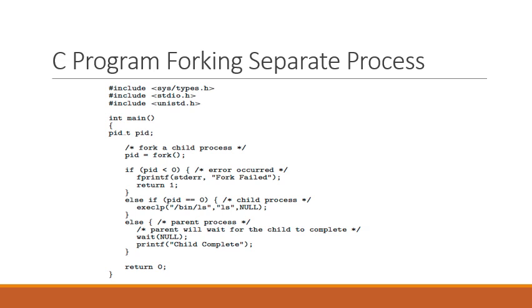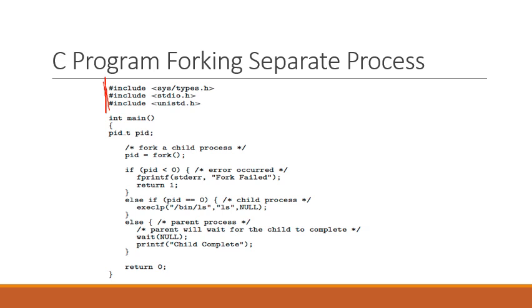This program shows how we can use a fork system call in the Unix or Linux operating system. So in the main, after including these files, the sys/types.h header file, the stdio.h file, and the unistd.h file, after including these three header files, the main function starts.